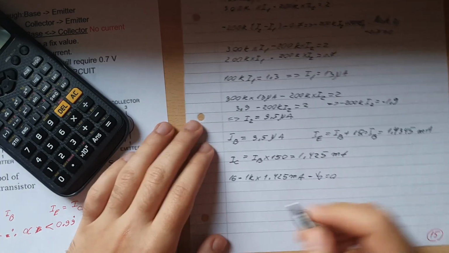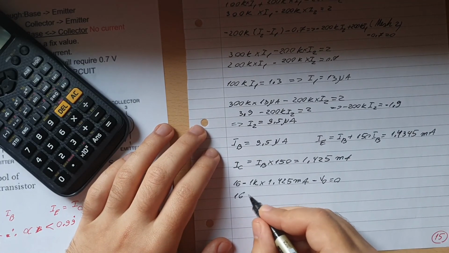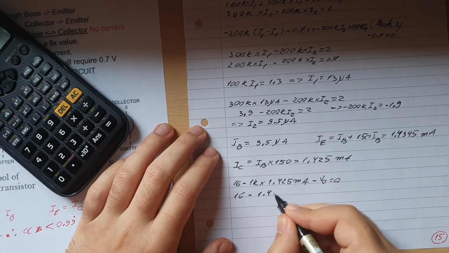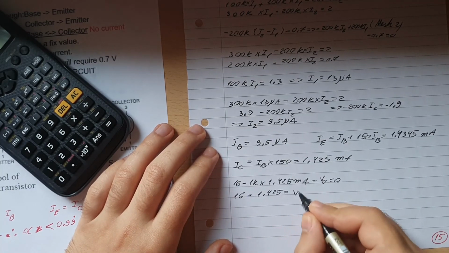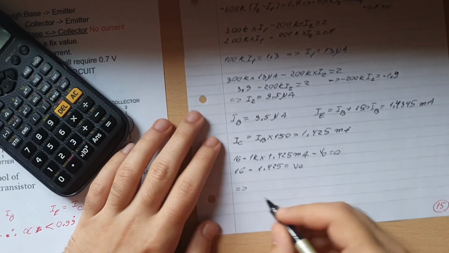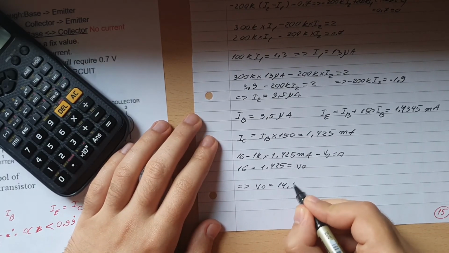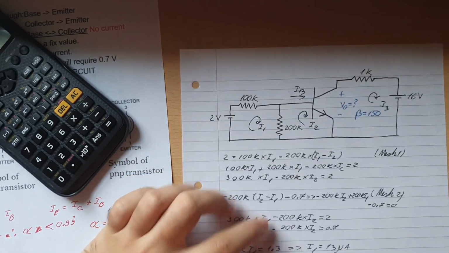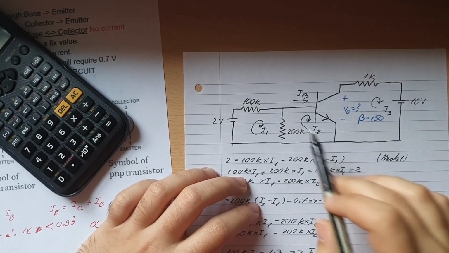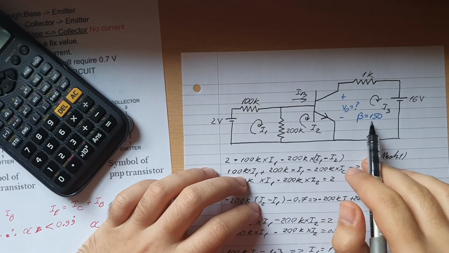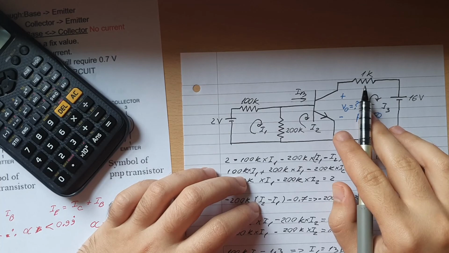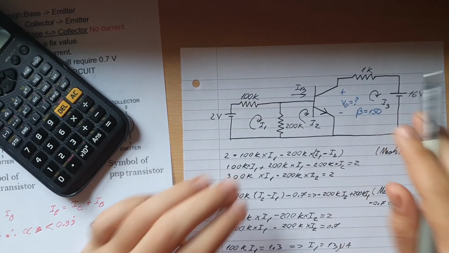So 16 minus 1.425 equals V out. Therefore V out will be equal to 14.575 volts. And it does kind of make sense because the current is very low here, the gain is quite big, but there is also a resistance here that makes the overall current smaller.